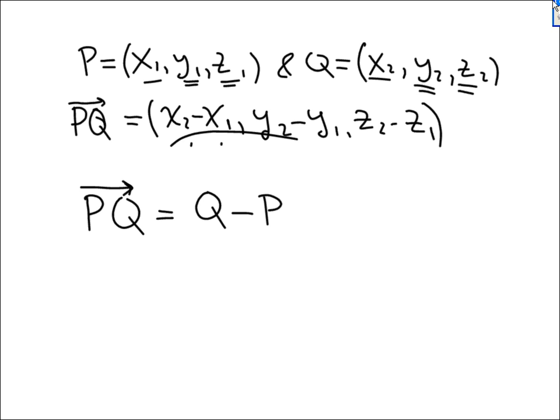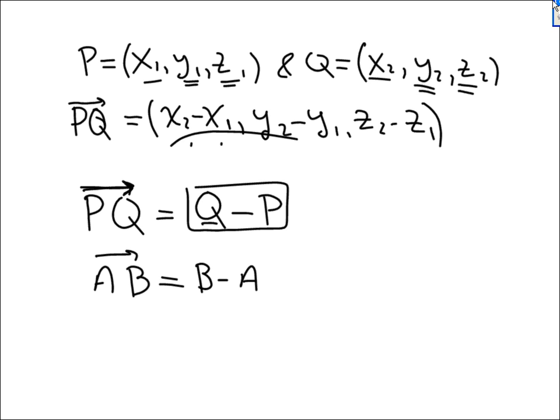If you knew before you came into the test that when it says P to Q or A to B, where the arrows are above the B, you knew to do the B points minus the A's: take the X value of B, take away the X value of A. Take the Y value of B, take away the Y value of A. In R3, continue on.